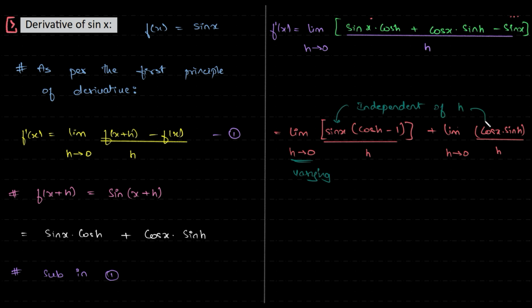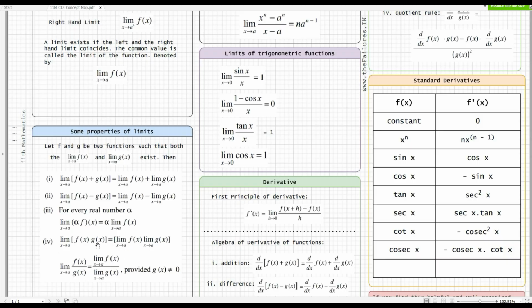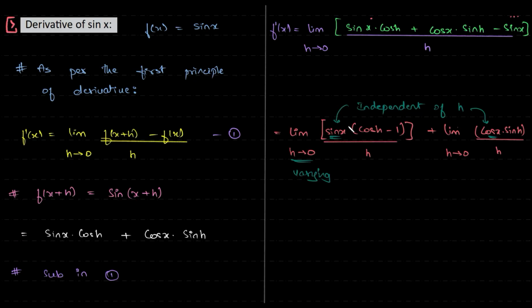And over here, cos of x is independent of h. So these two expressions are independent of h. That is, they are not going to vary. So if they're not going to vary, as per the property of limit, I can take it out. Right? They'll act like a constant, so here they will be equal to a constant.